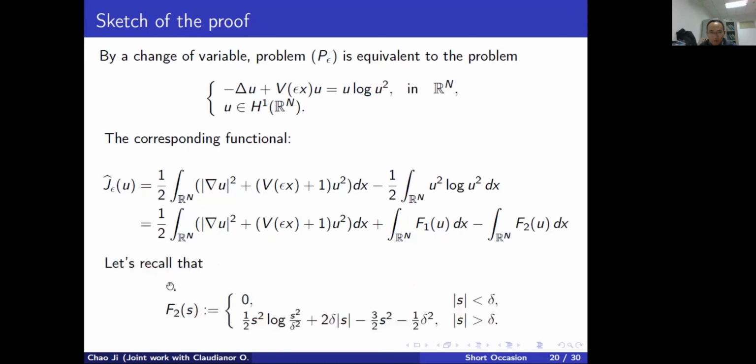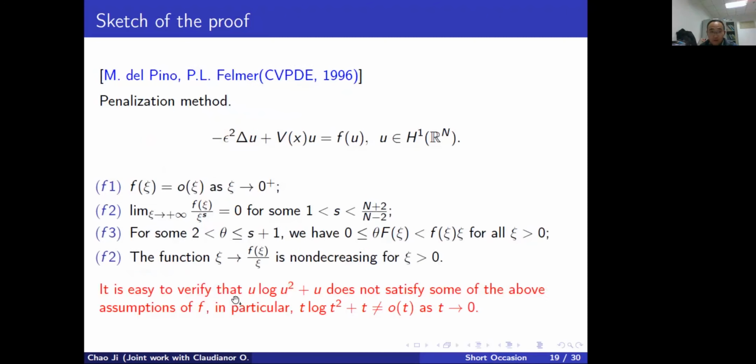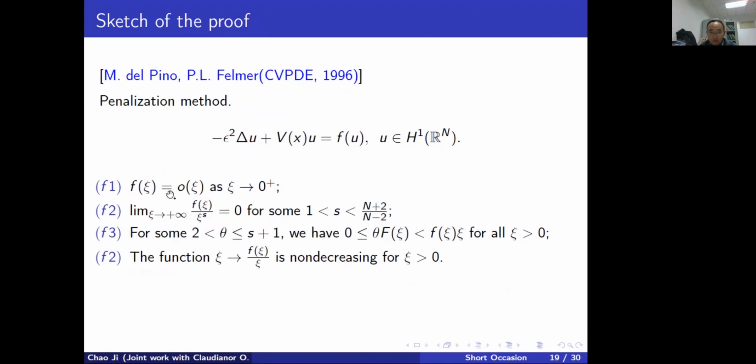Let's take a look at this function. f2 of s equals 0 when the absolute value of s is small. Of course, the derivative f2 prime is also equal to 0. Zero divided by non-zero equals 0, so this limit is also equal to 0.